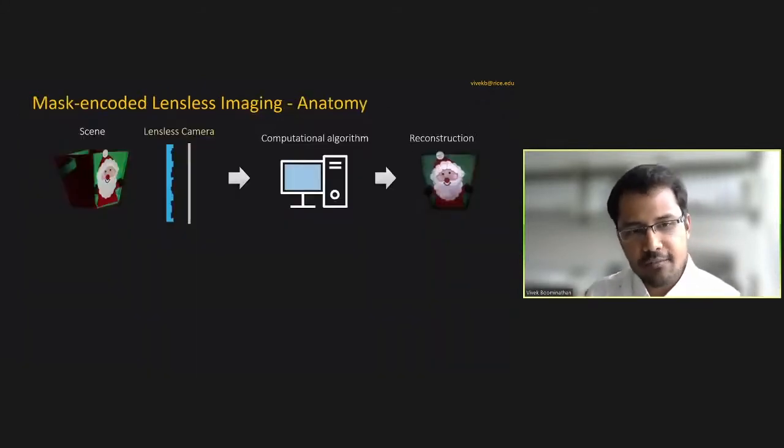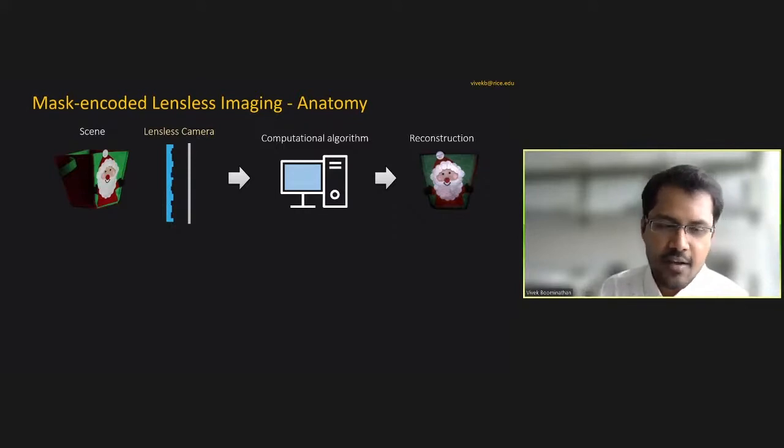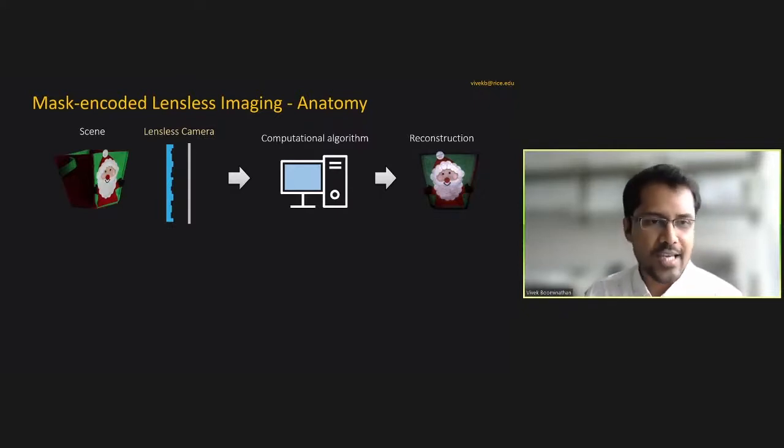In the talk I'm going to give today, I'm going to show the recent advances in lensless imaging, which is mask-encoded lensless imaging, where it doesn't place any constraint on where the illumination is. We expect ambient illumination, and then the scene reflects the ambient illumination, just like in a normal camera setting. And that's what we capture and reconstruct.